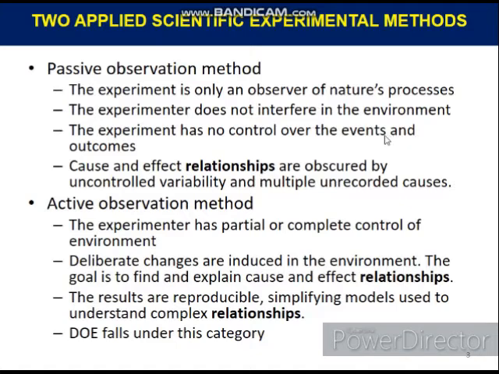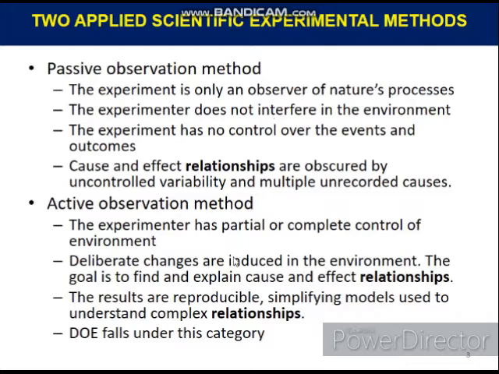You cannot change the variables day and night. What you can do is just observe, collect data on the activeness of the tiger at night and daytime, and based on numerous data that you collected, then you make conclusions, right? So that's considered passive observation methods, right?